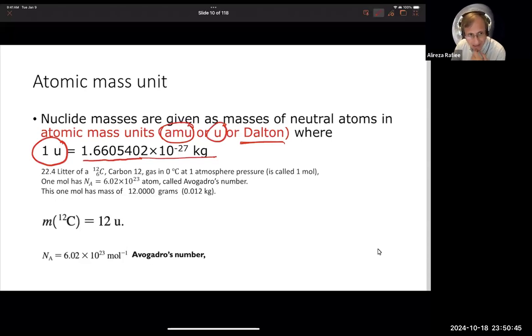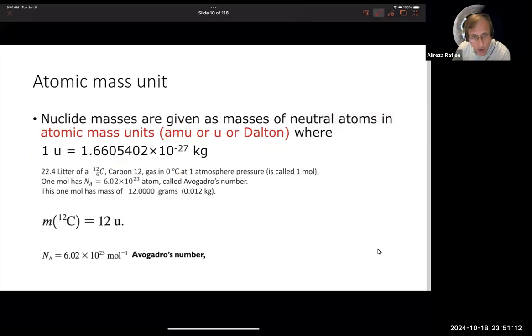Now, in a practical sense, we know that 22.4 liters of any gas, let's say you have carbon-12 in the form of gas, at temperature 0 and at pressure of 1 atmosphere, very close to sea level, is referred to as 1 mole.